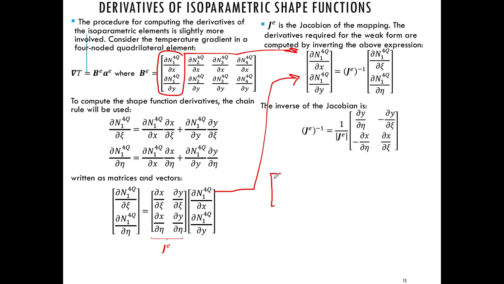So this is basically the del by del x and del by del y columns of the n1 term right here, then the n2 term here, then n3 and n4. This is what we need, right? BE.